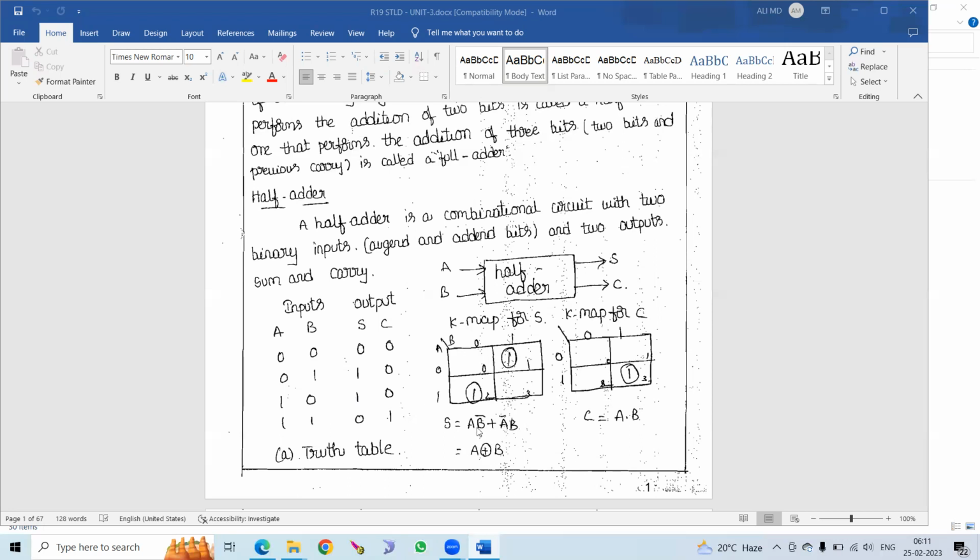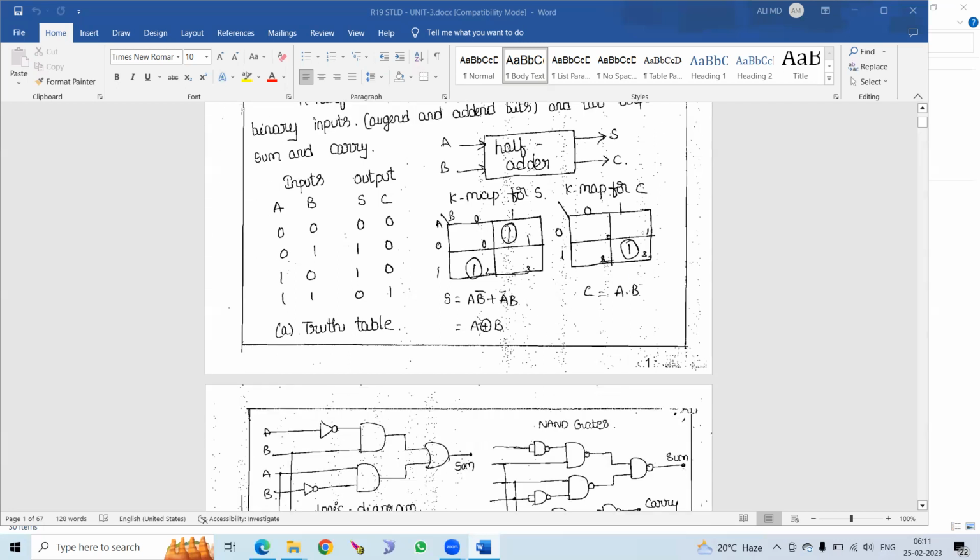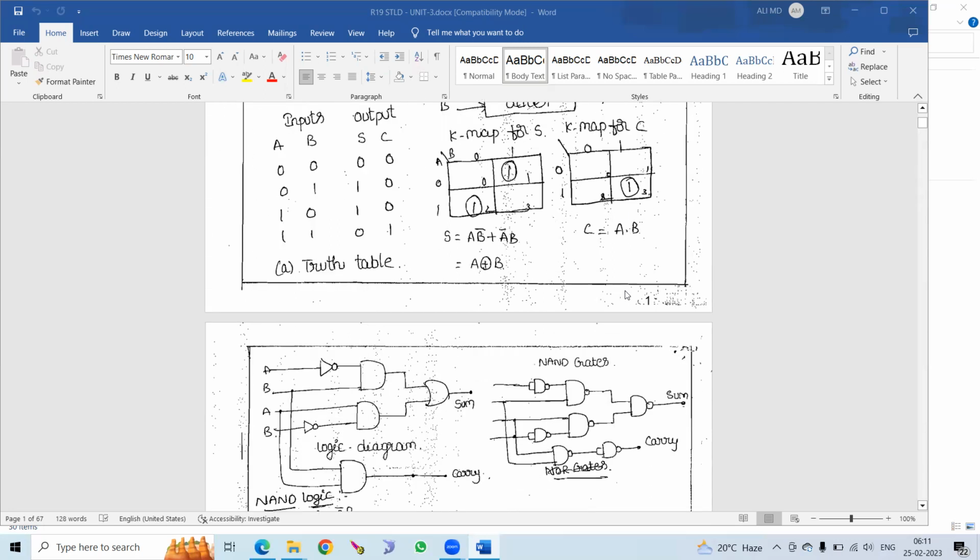We get the Boolean expression as A B bar plus A bar B, whereas S is equal to A XOR B. Same for the K-map for the carry, the values are 0, 0, 0, 1, where C is equal to A into B.